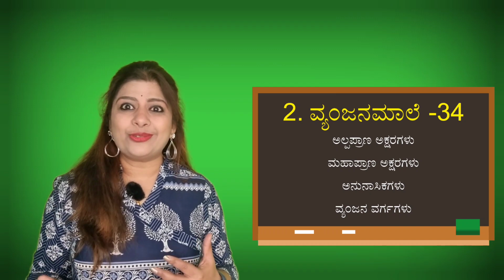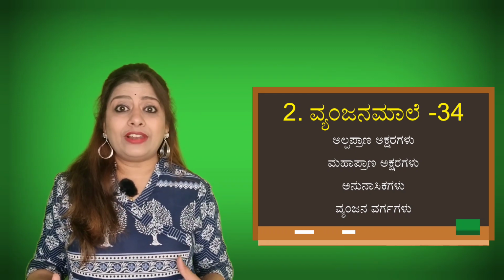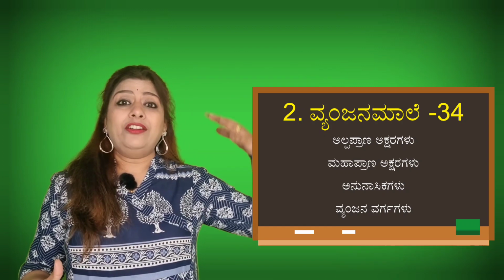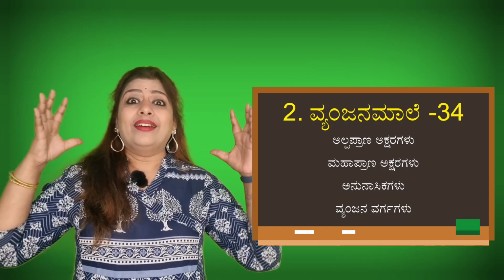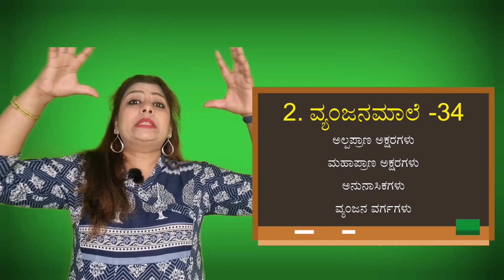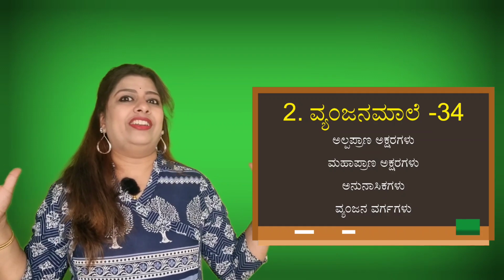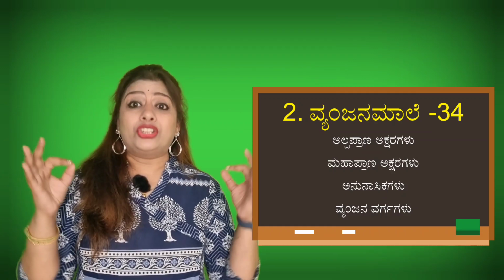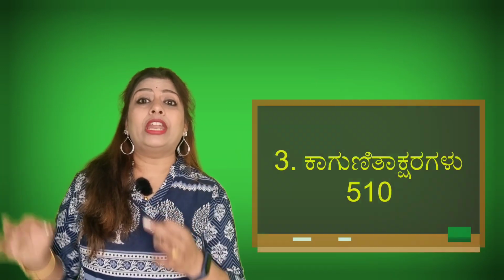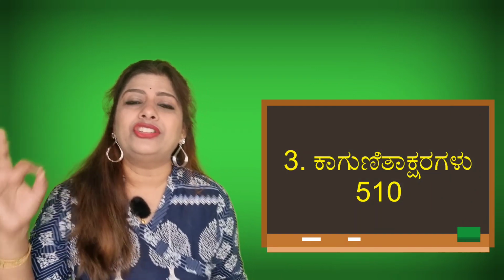The next stage of learning after swaras and vyanjanas is kagunitaksharagalu, and this makes quite a big portion of Kannada literacy, because the child will now have to frame gunitaksharas for 34 vyanjanaksharas.